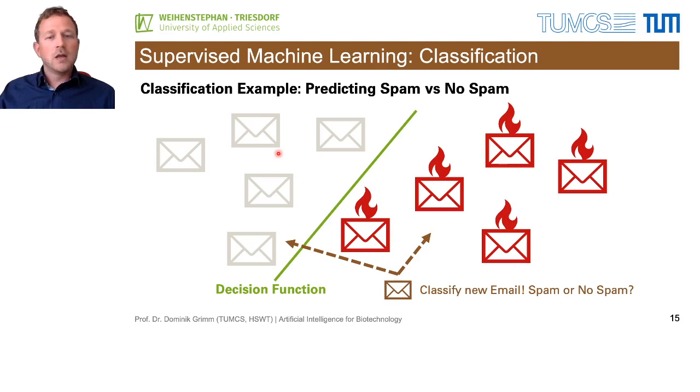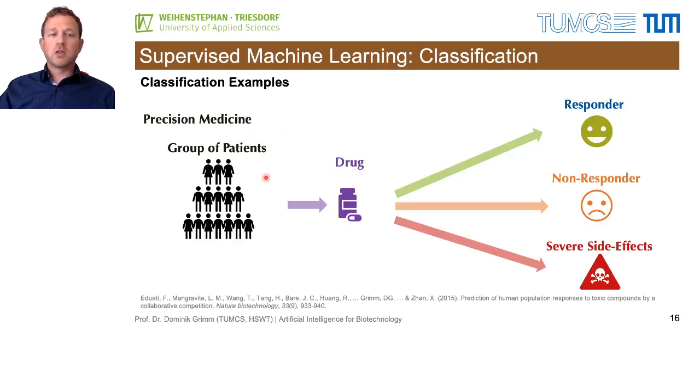This was a very easy example and one of the first ones, so I'd like to show you now some other examples and domains where especially our group is also working, and one is, for example, precision medicine. Very often you have a group of patients and you have a certain drug, but not all people react to this drug the same way. Some people might respond to the drug, some people might not respond, and some subgroup might have severe side effects.